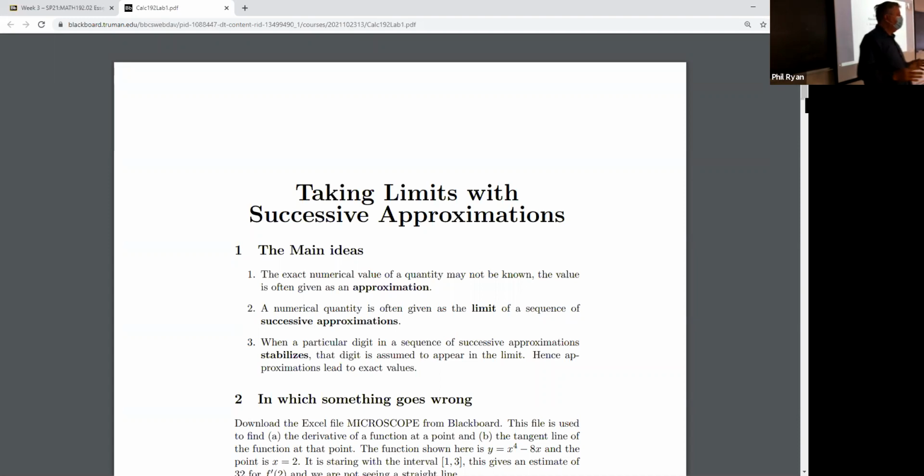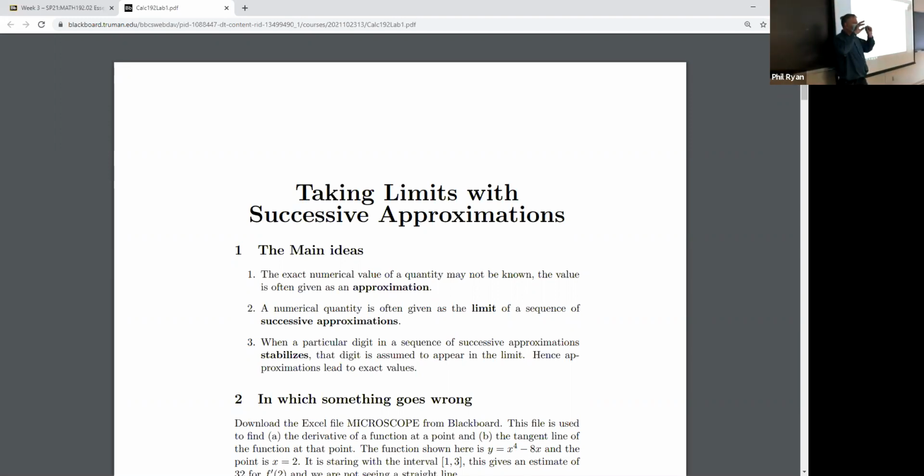In our case, doing more work means taking a smaller subinterval. And when you take these, you've got successive approximations to your quantity. So you've got a sequence of things, and you know you've got a good answer if the answer stabilizes.